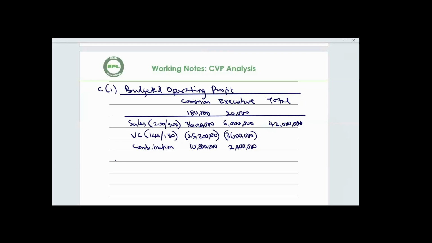When you add the two together, all right, this should be 13,200,000. That's the total overall contribution.